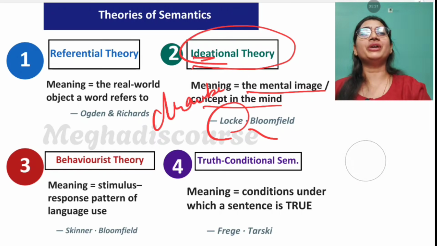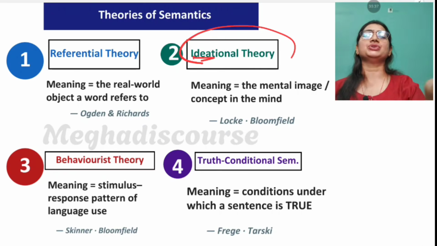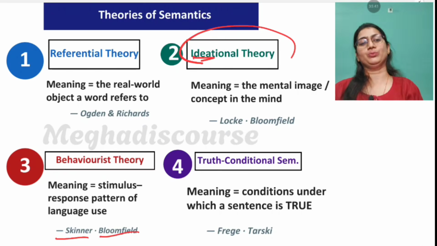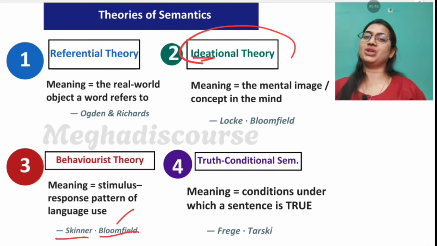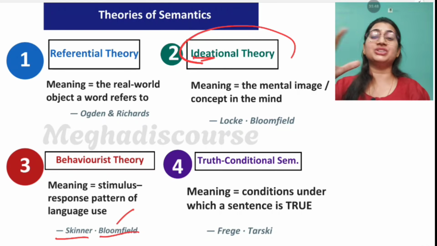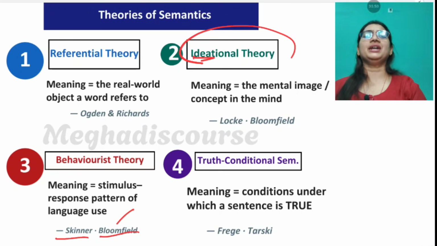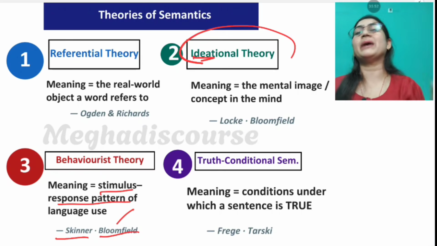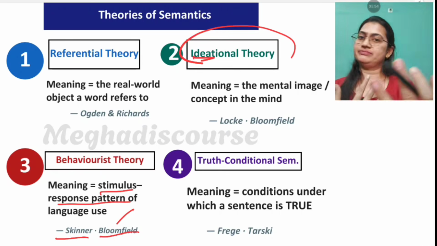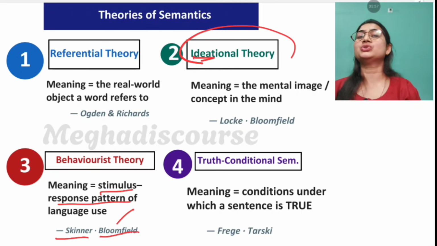Okay, so now we are very close to another theory, which we get to know is propounded by B.F. Skinner. Again, we have Leonard Bloomfield. In behaviorist theory, Bloomfield is the biggest fan of B.F. Skinner. He says that it is because of the stimulus-response pattern that we are giving the clue to the listener.